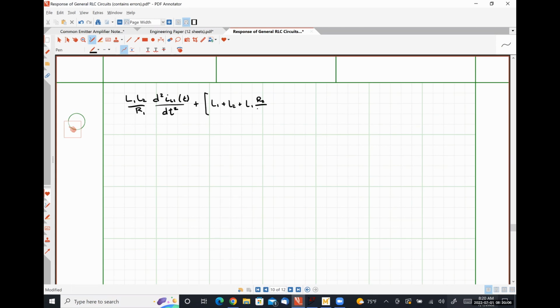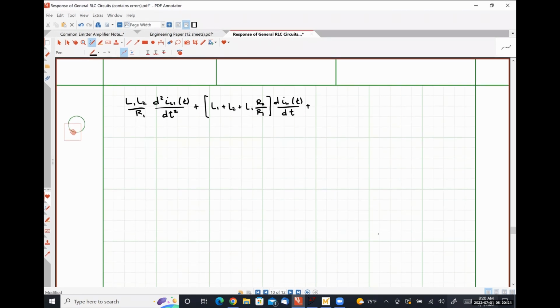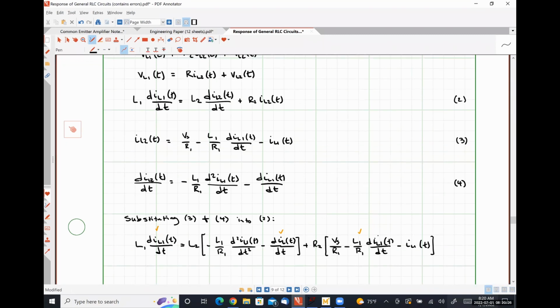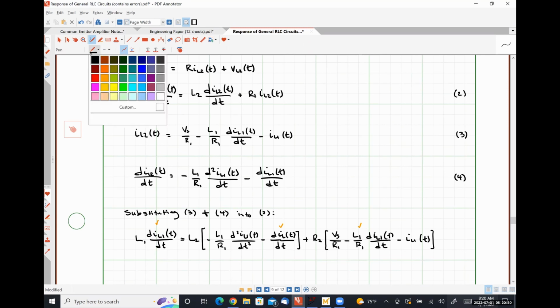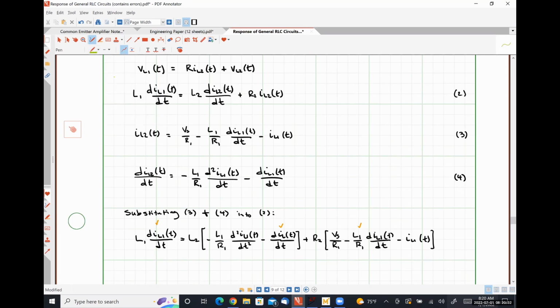R2 over R1, d IL/dt. And now I'm going to have whatever is being multiplied by just IL1. So let's look at our 0th derivative terms here.